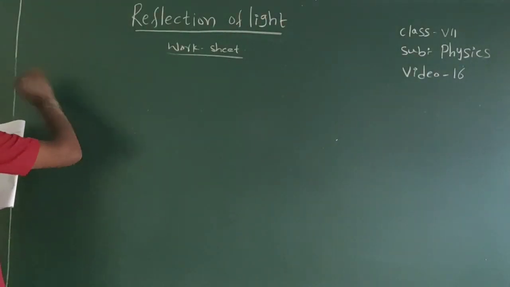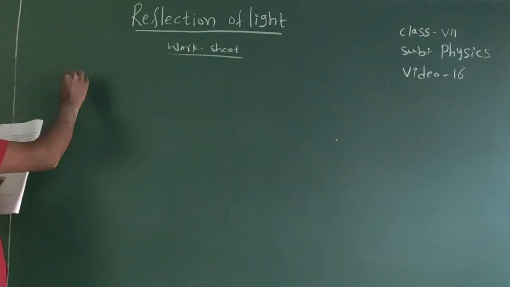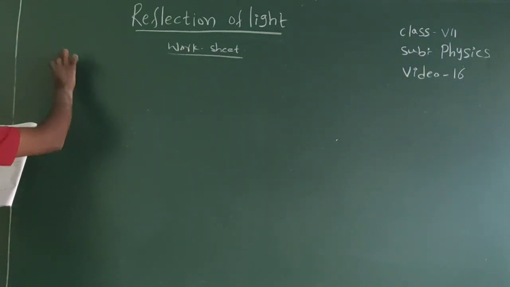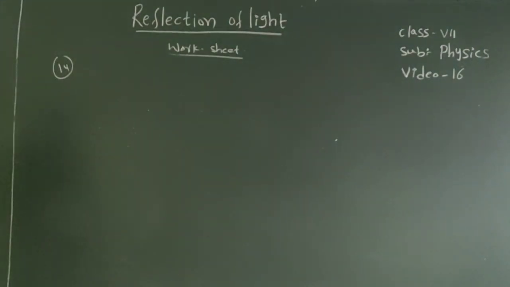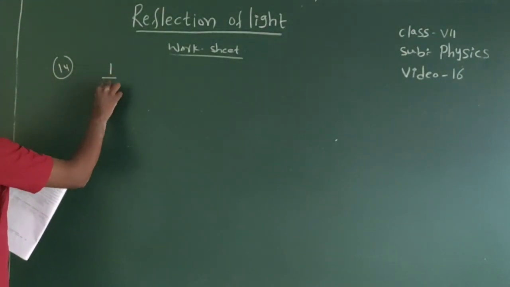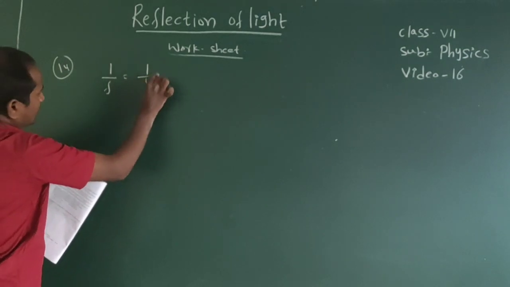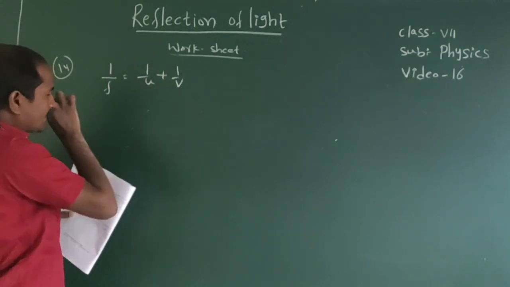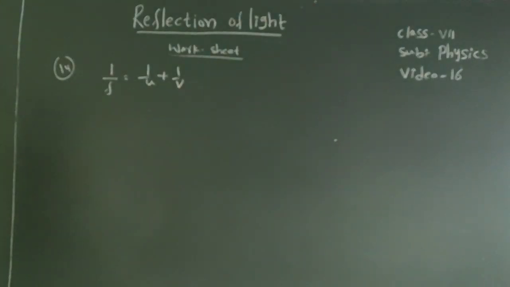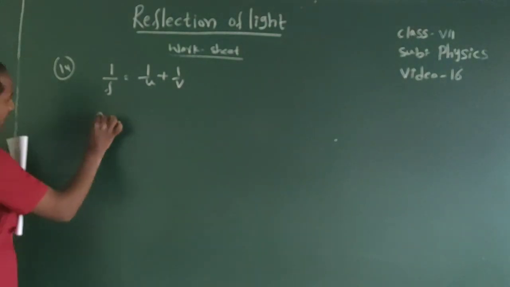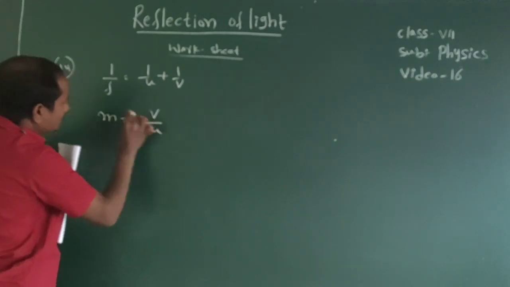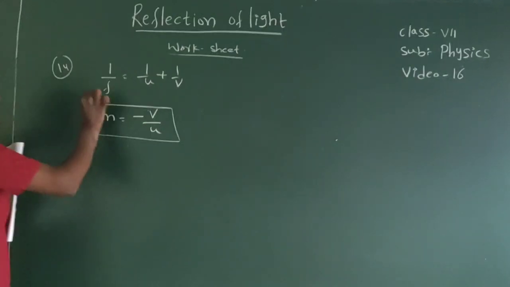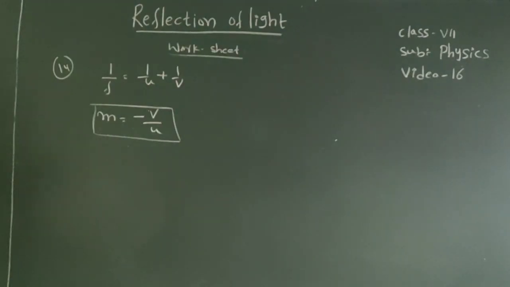We know the relation between u, v and f: 1 by f is equal to 1 by u plus 1 by v. It is the relation between f, u and v. At the same time, magnification equal to minus v by u.